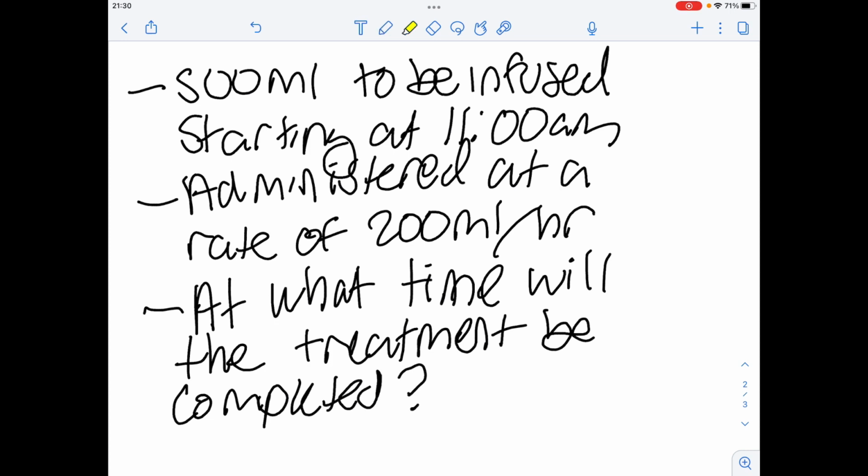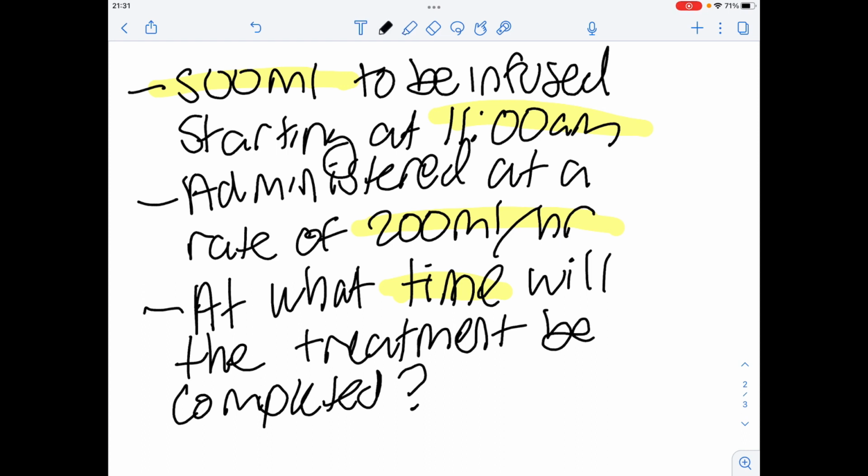It wants to know time, but not just the time that it will take to complete the treatment. It wants to know specifically at what time the treatment will be completed. So we know that we're going to have to add the time that we get to this 11 a.m. It does give us a flow rate, but we need to figure out what this flow rate will be for the size of our bag. So the size of our bag is 500 milliliters.